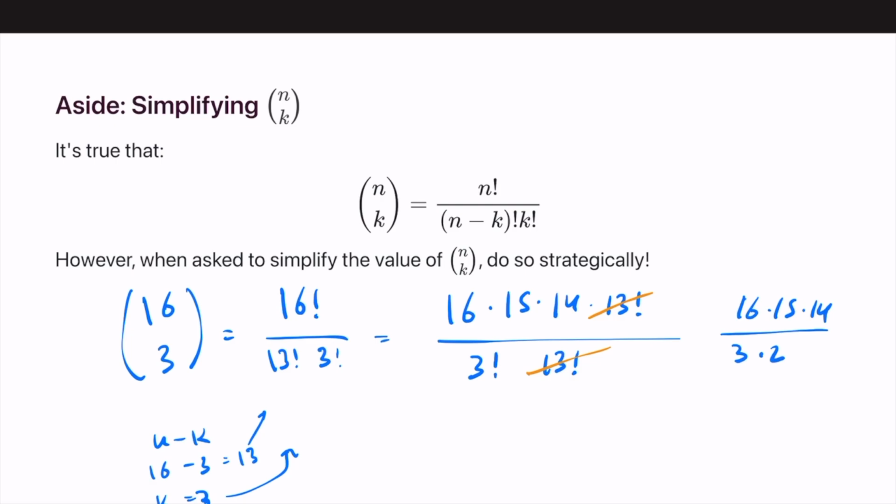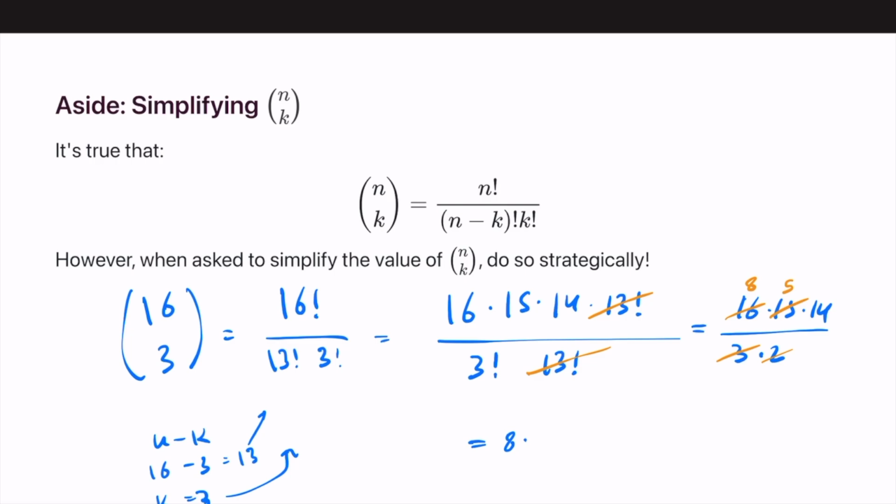So we can say this becomes 8, this becomes 3, and these go away, leaving us with a very nice 8 times, oops, that's incorrect, should be a 5. 15 and 3, yes, 5.